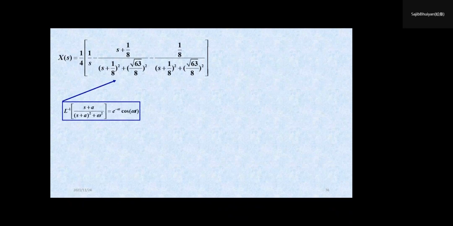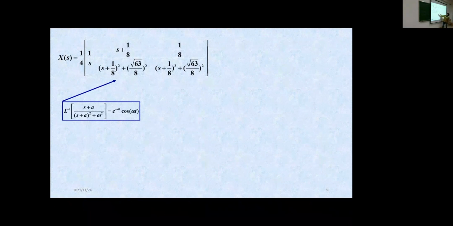So change. Okay. After we change the equation into the form we want, then you can find this one is the one.